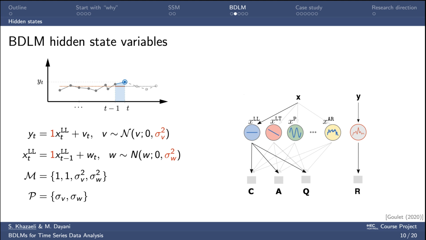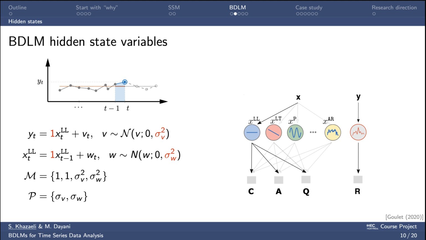Here the model is C = 1, R = sigma_v squared, A = 1, and Q = sigma_w squared. These two sigmas are the standard deviations of the observation and transition errors. The parameters are these two standard deviations, which we are going to learn from the data. So as you can see, depending on what kind of dynamics you want, you can extend these matrices to build the global model matrix.